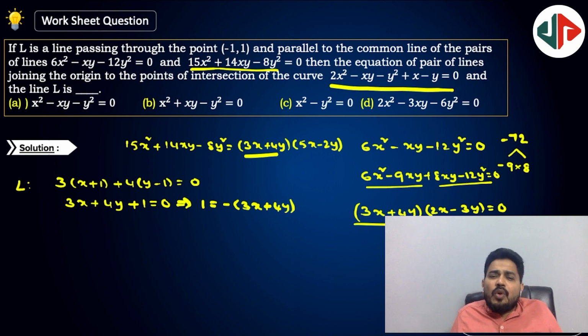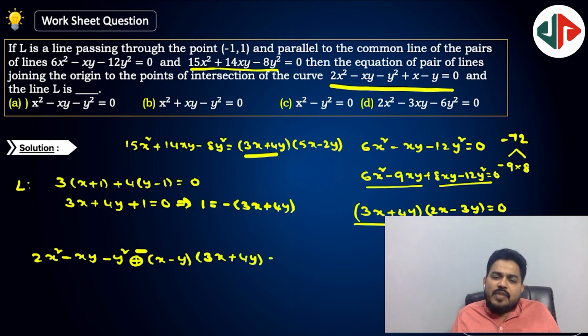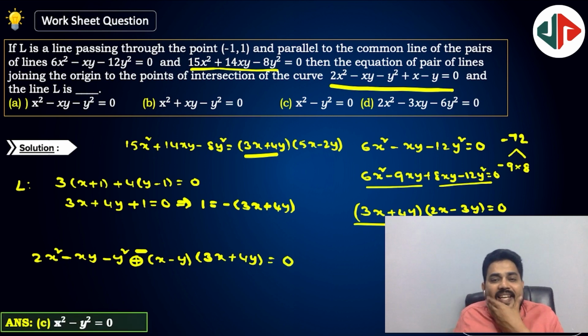So homogenize 2x square minus xy minus y square plus x minus y, and into 1 you write here, this value with the minus sign, 3x plus 4y is equal to 0. Just simplify this and you will get the answer as x square minus y square is equal to 0. Here two things are there. You need to split into these two lines and proceed further.